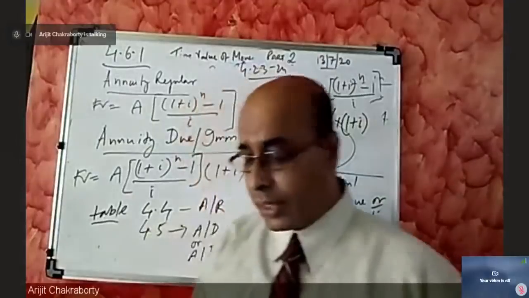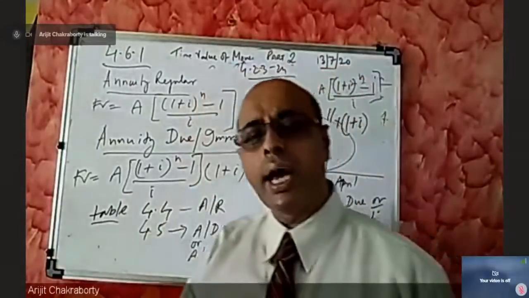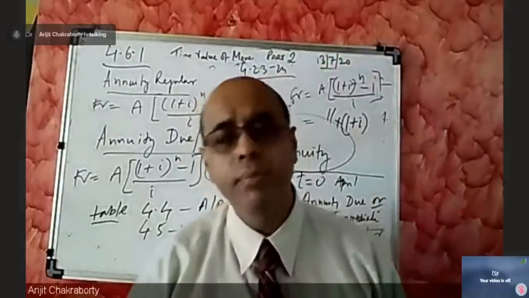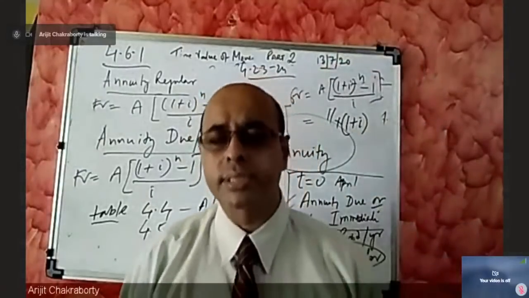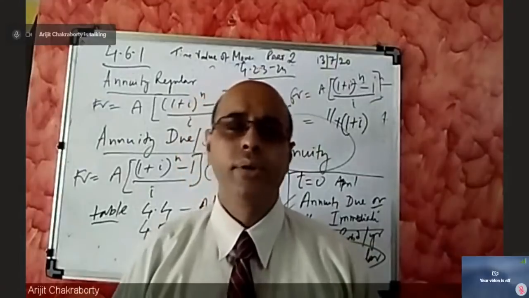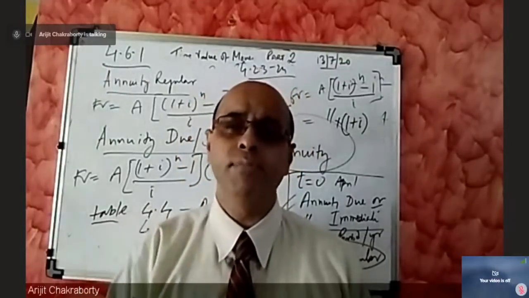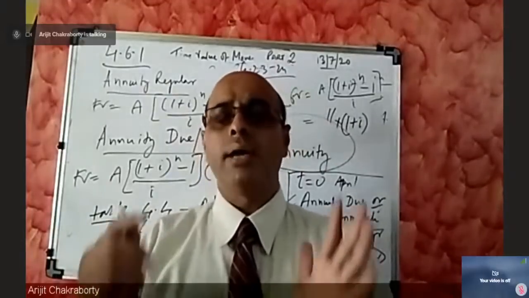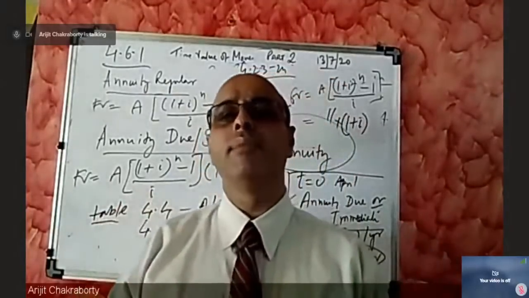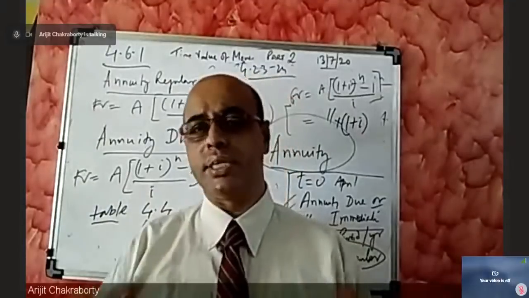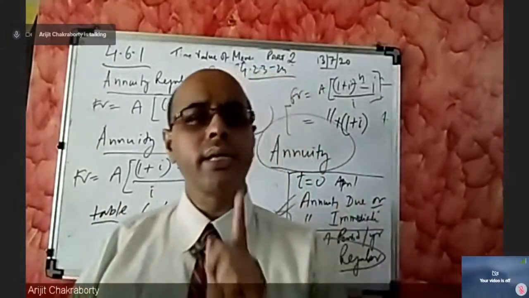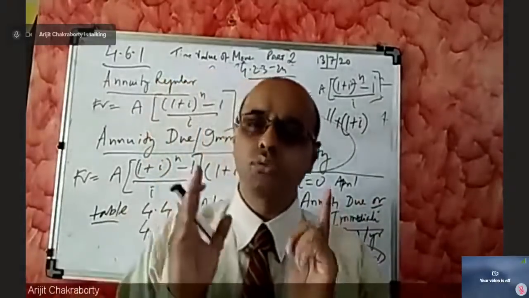Say for example, I have 1,000 rupees, and I'm getting 7% interest per annum. In 1 year, I'll be earning 7% of 1,000, which is 70 rupees. So my future value after 1 year becomes 1,070. Principal is 1,000, interest rate is 7%, the duration is 1 year.